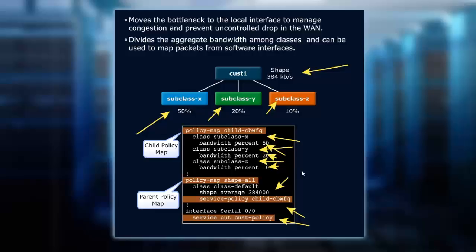So it's not strict, where I have 50% and I am not giving that up. If I'm not using it, I will share. Same thing with the 20% and the 10%. Those classes will be very harmonious to each other, and they will work together to ensure that there are fair amounts of bandwidth for everybody so that the data and everything else can get through.